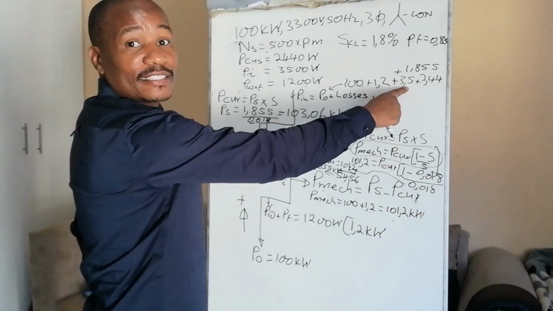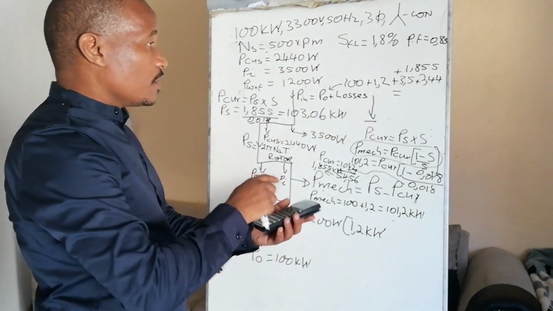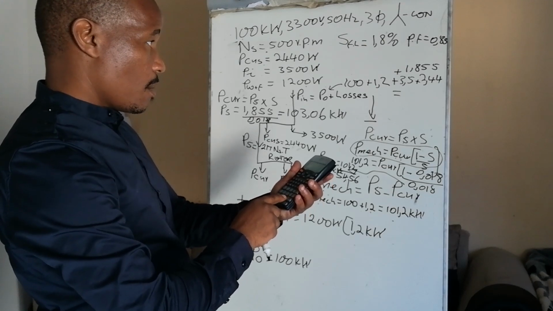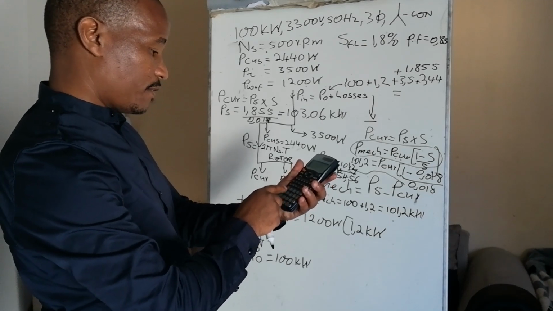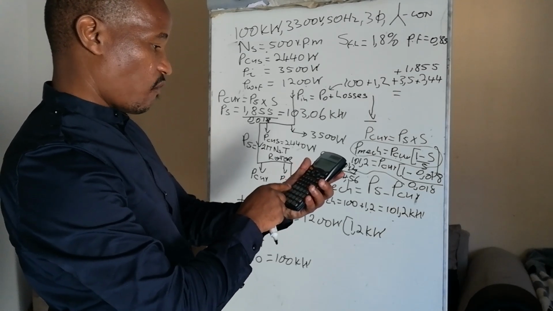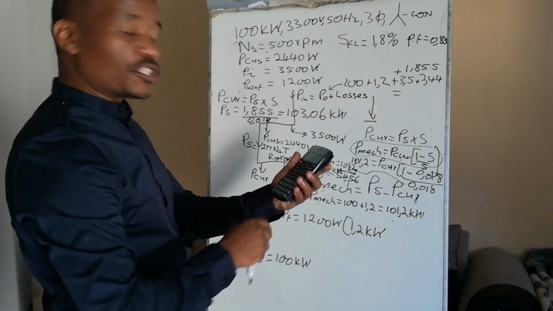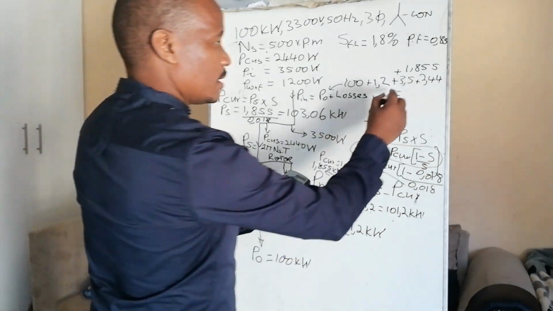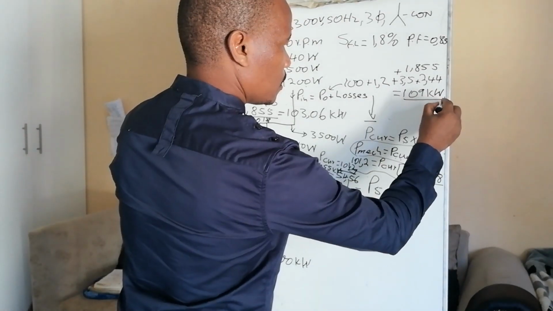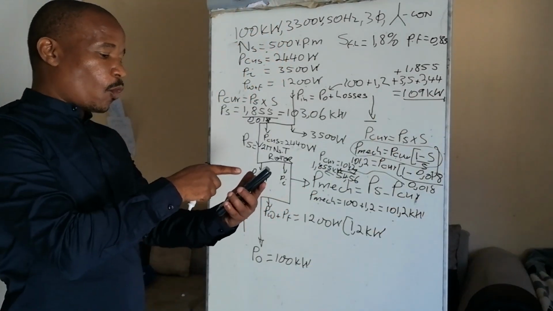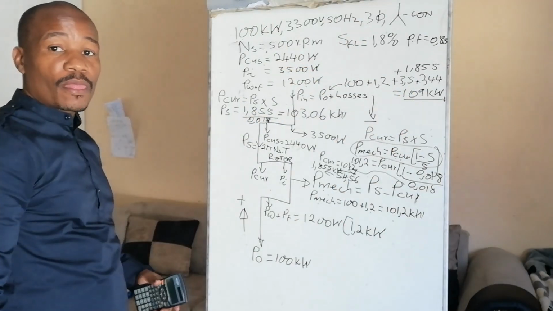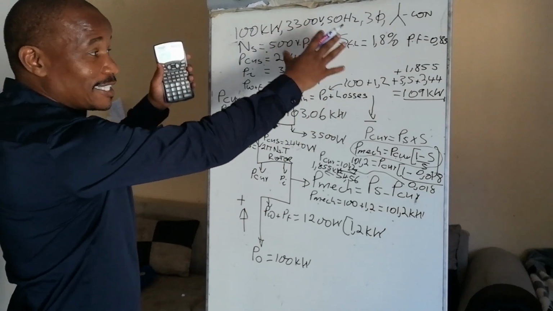That's why you only take it as 1. Now you have to get 100 plus 1.2 plus 1.855 plus 3.5 plus 2.44, which is equal to 109 kilowatts. Now you have filled in the sketches.